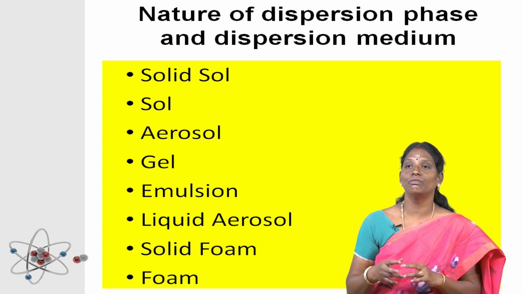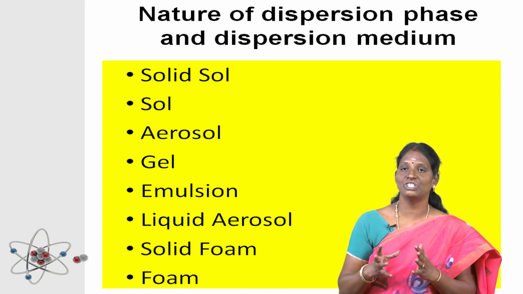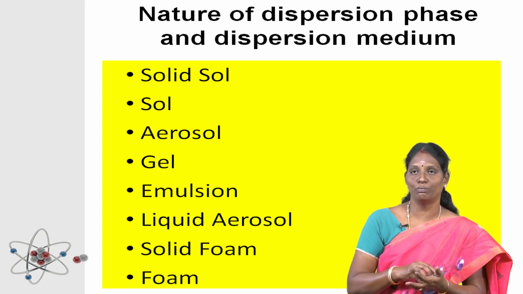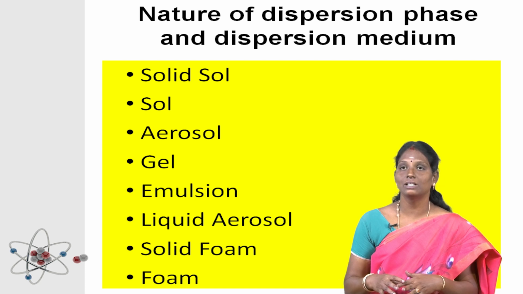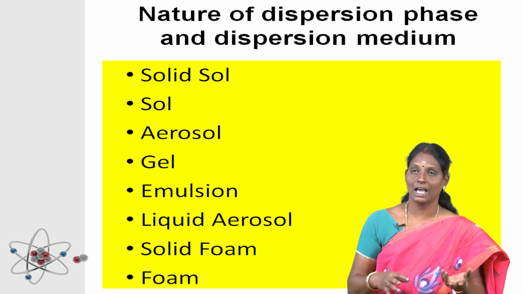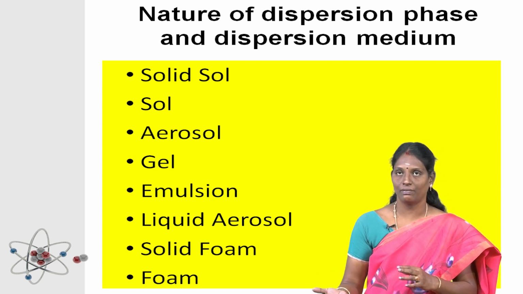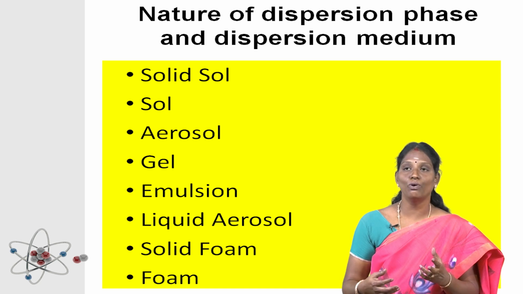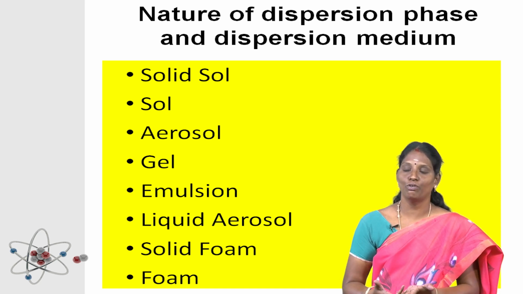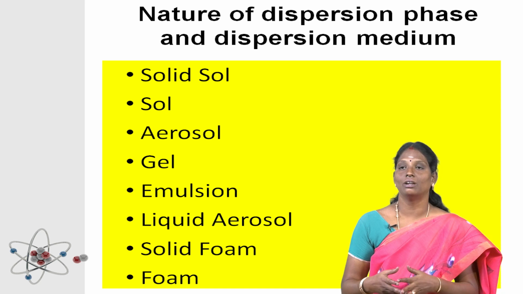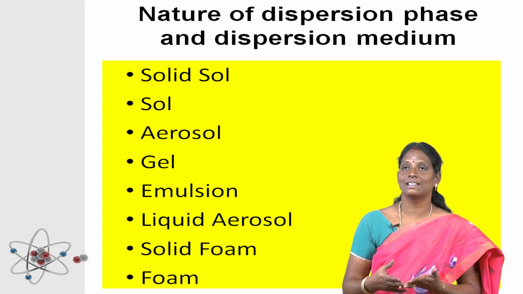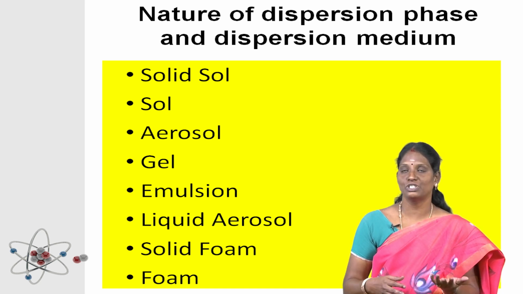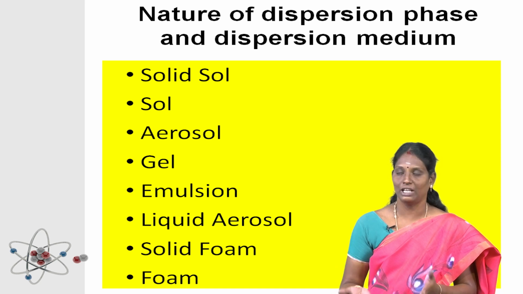Foam rubber and cork are the best examples. The last type is when the medium is gas and the dispersed phase is liquid, which is called foam. Examples are shaving cream or whipped cream. These are the examples on the basis of the dispersed phase and the dispersion medium.